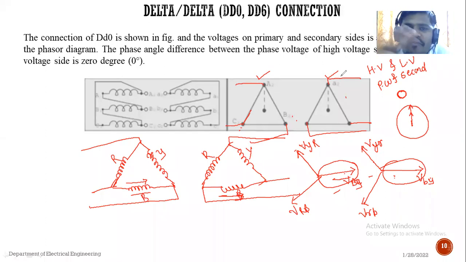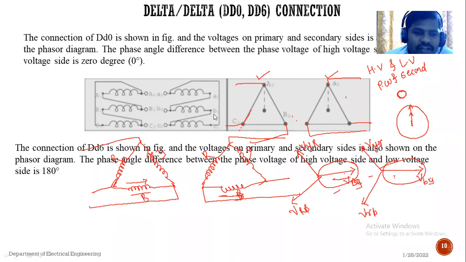That means there is no phase displacement between primary winding and secondary winding, that is zero phase displacement between primary and secondary, right? So this is the first connection, that is delta delta zero connection.